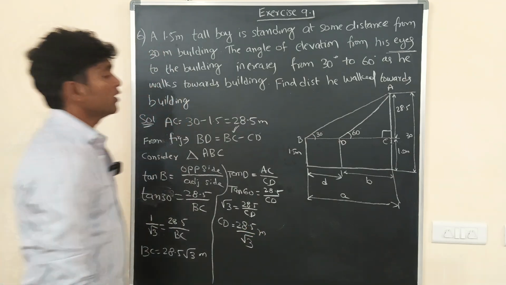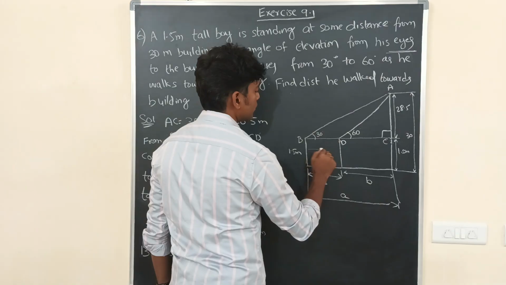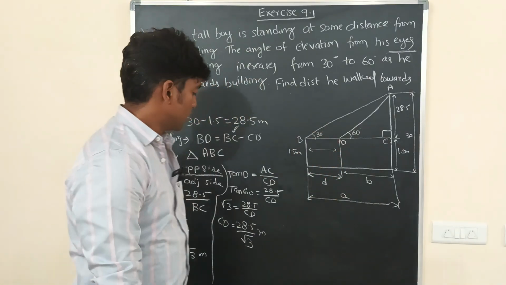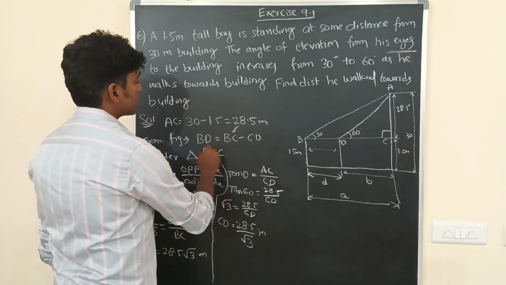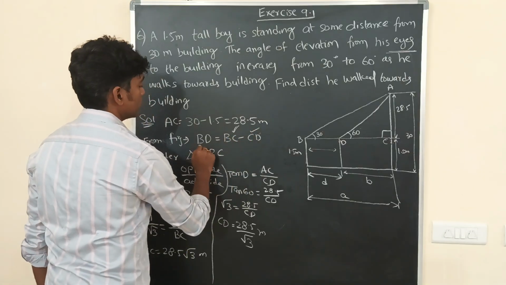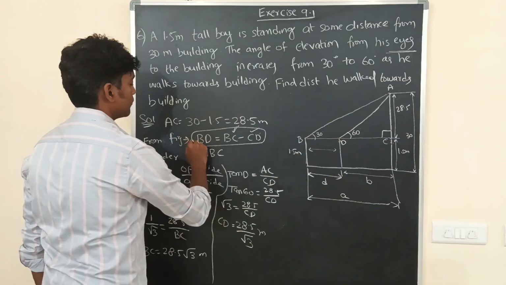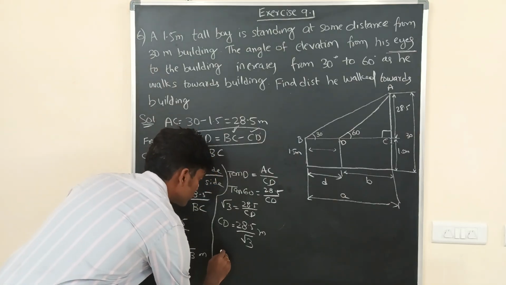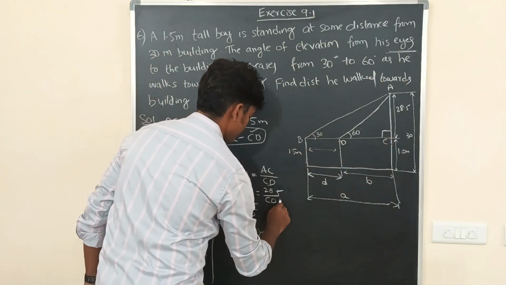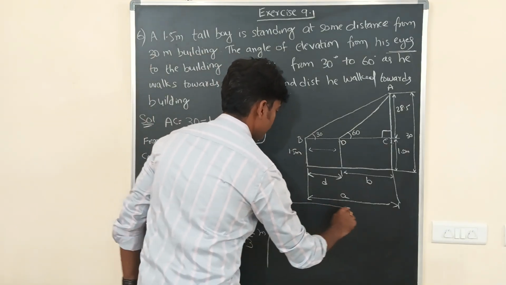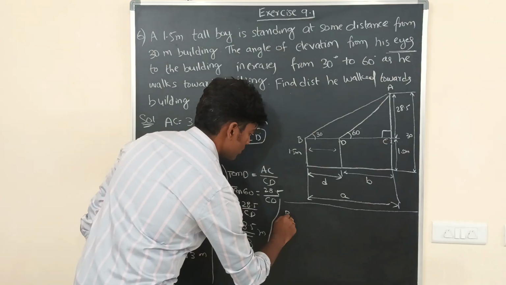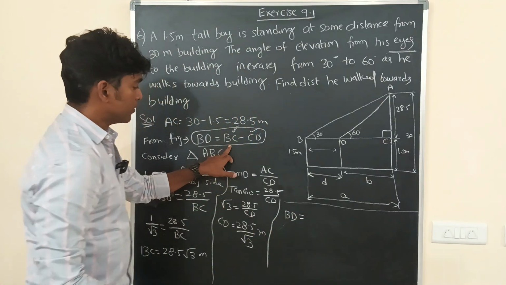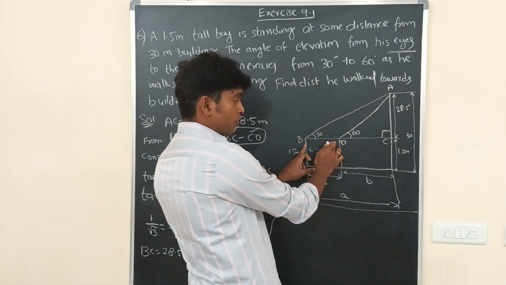So we have to find the distance traveled. This distance we have to find. Distance traveled by boy towards building. So this distance equal to, we have got CD also. It's the logic. BD, the distance traveled by the boy, is equal to BC minus CD.